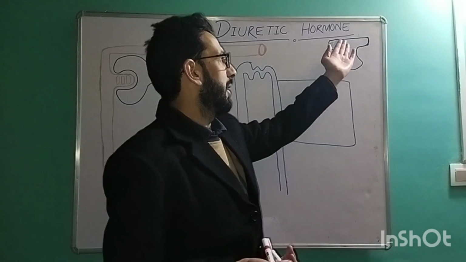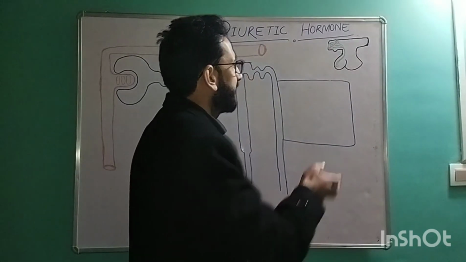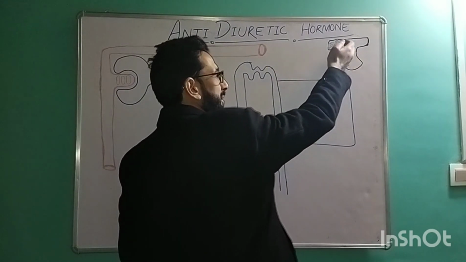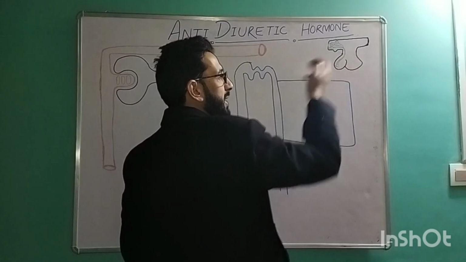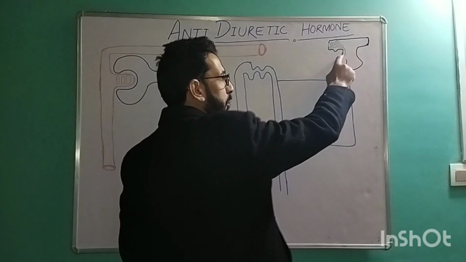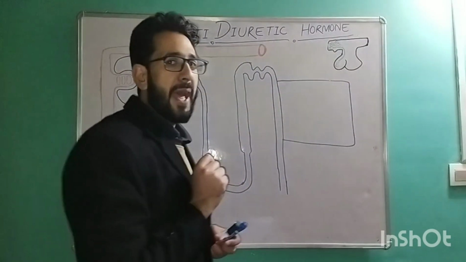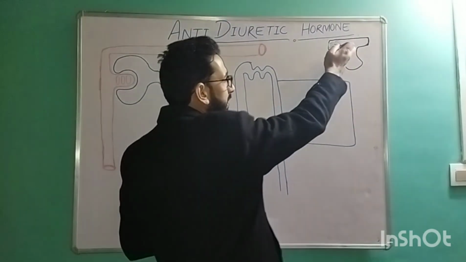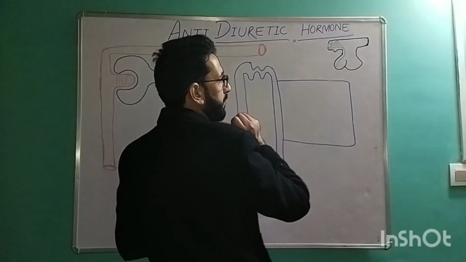I hope you remember this. This is the diagram of the hypothalamus and the pituitary gland. The hypothalamus is connected with both the posterior pituitary as well as the anterior pituitary. The connection with the posterior pituitary is called the hypophyseal tract. A tract is a bundle of axons. You can see here these axons coming down from the hypothalamus into the posterior pituitary.